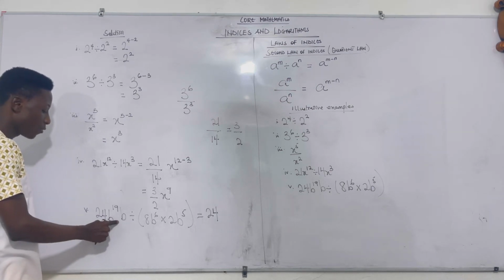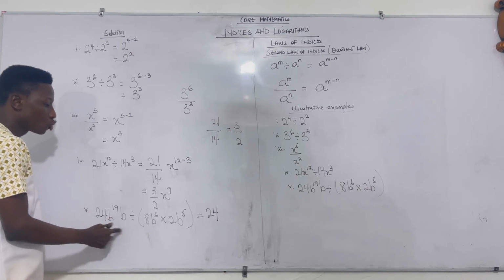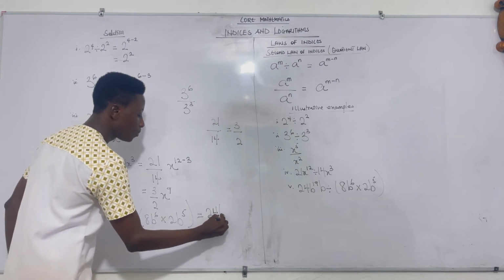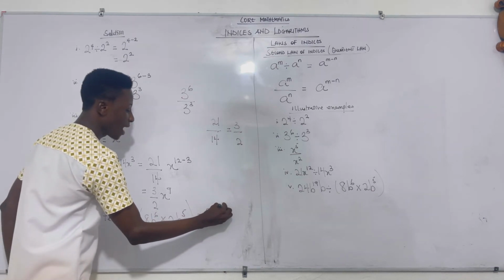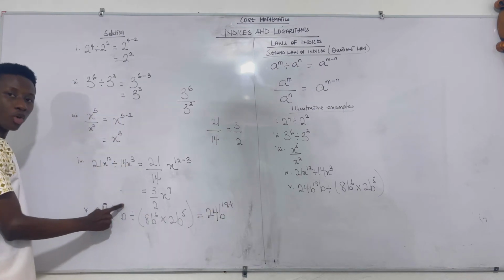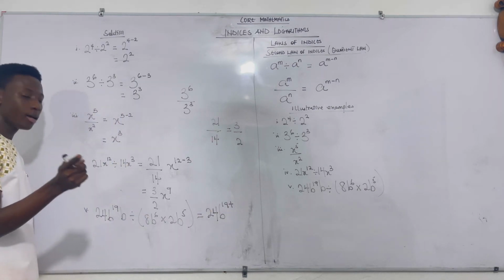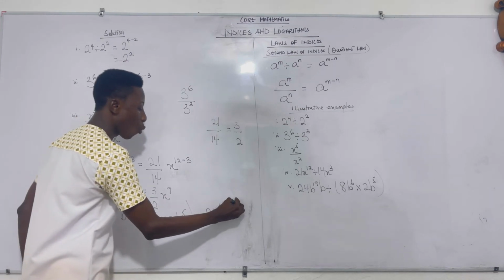So you have two terms multiplying and the bases are the same. So you pick one of the terms, then the powers you add them. So you would have 19 plus what? Your guess is as good as mine. I told you when a whole number stands on its own, it has an index of 1.